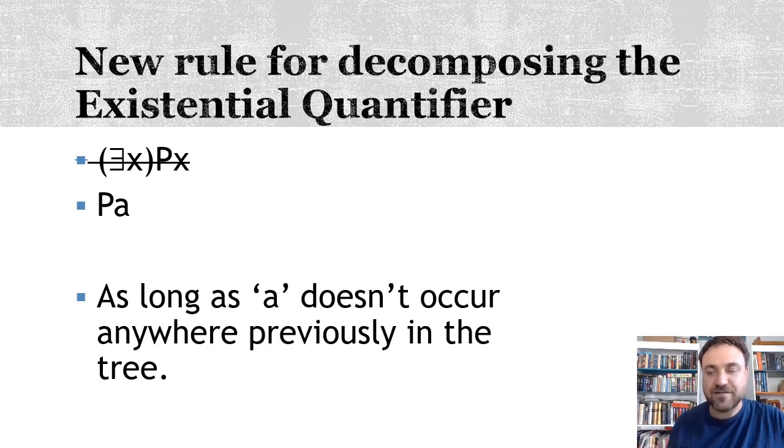It's very elegant once you start looking at some examples and thinking of it from that level of abstraction. But really, the thing you need to know how to do is when you see an existential on a tree, you just instantiate it. You replace the x in the sentence that's being quantified over with some constant, and as long as that constant doesn't occur previously in the tree, that's the rule.